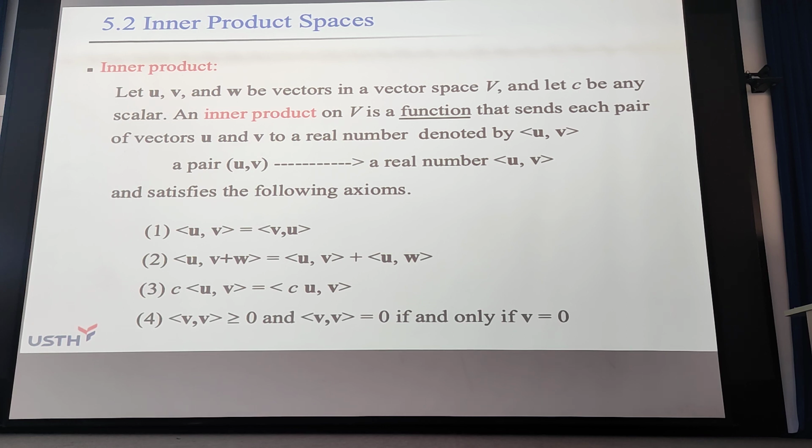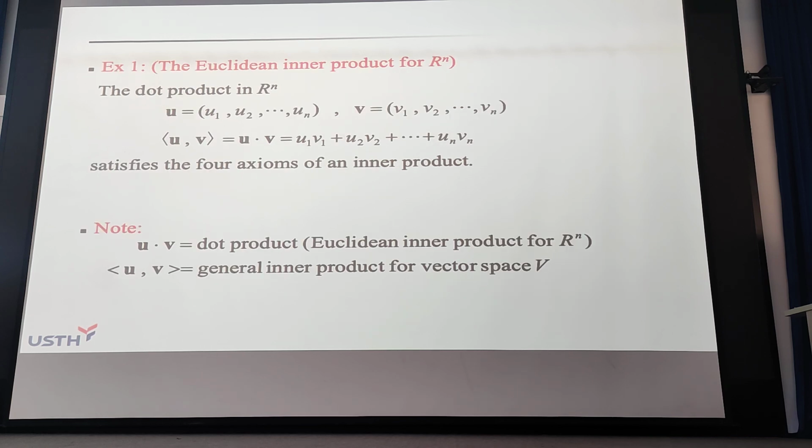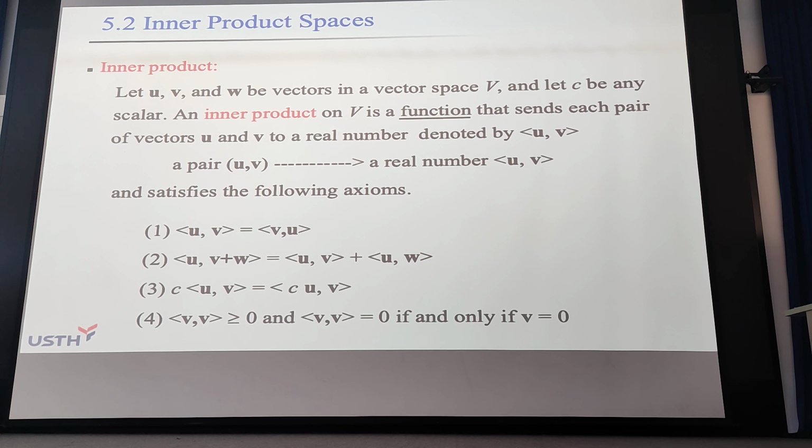The function must satisfy the following properties here. That is the four axioms in the definition of an inner product. A vector space together with an inner product is called an inner product space.